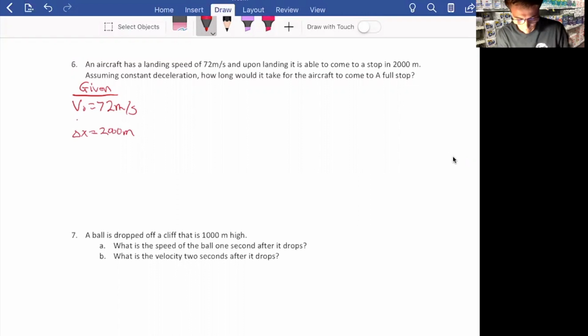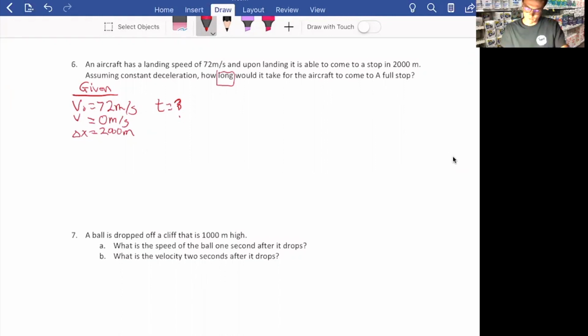You could say the initial X is 0 and the final X is 2,000. Final velocity, what is it? It's 0, because we're coming to a stop. And then the question is how long? What do we want? We want the time. We don't know acceleration or deceleration in this case.